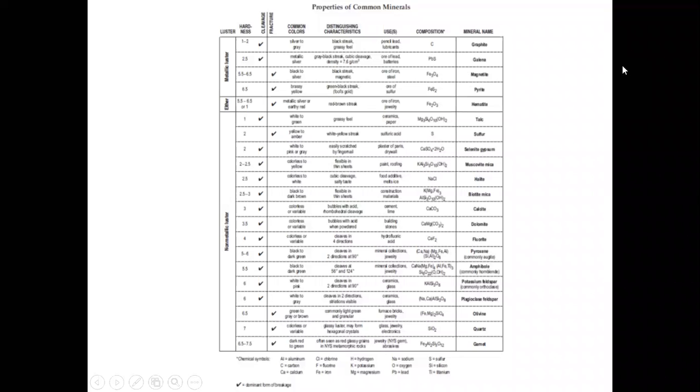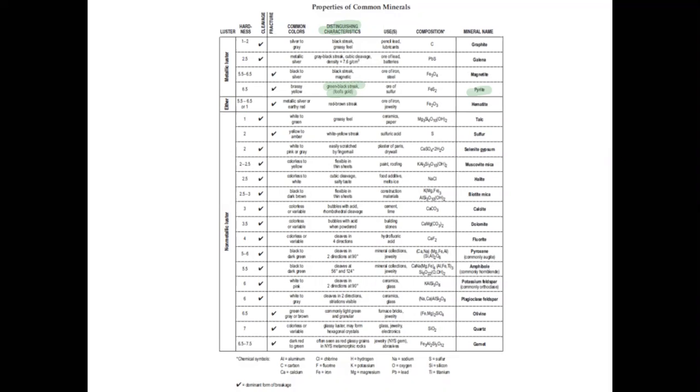Now, in our reference tables, we don't actually see a column that is just for streak. But if you look at the distinguishing characteristics over here, sometimes they'll have an actual streak reference. So if you find pyrite, for example, because we were just talking about that, the distinguishing characteristics do mention that it has a green-black streak.